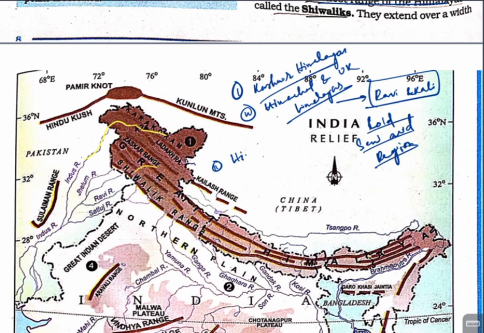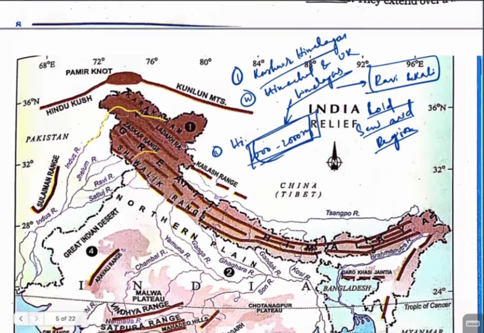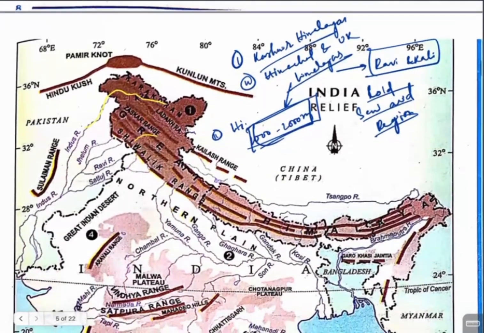So it has an altitude of about 1000 to 2000 meter. The Himachal and the Uttarakhand Himalayas altitude is about 1000 to 2000 meter.